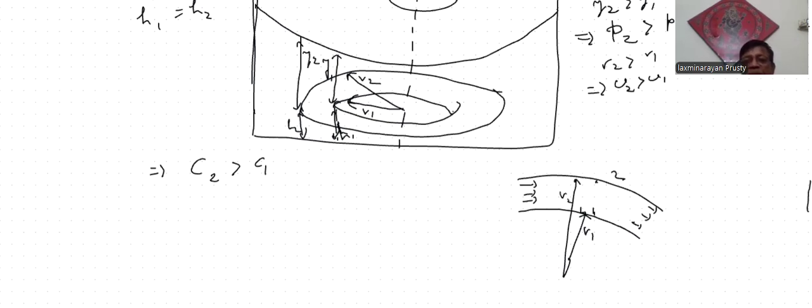For any other layer here, this radius is R and the velocity is V. So RV is constant for the irrotational flow.